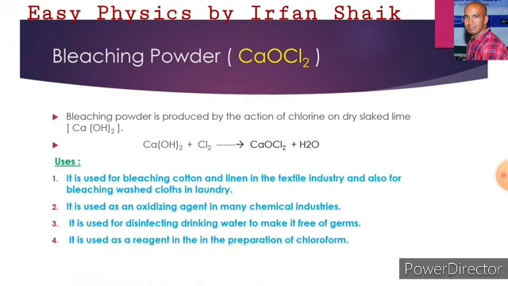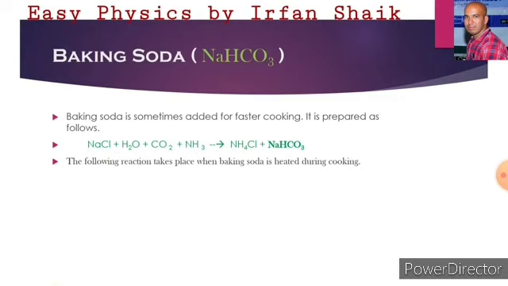The following reaction takes place when baking soda is heated during cooking. So here is the chemical equation. 2NaHCO3 gives Na2CO3, that is sodium carbonate, plus water plus carbon dioxide. That means in the preparation of cakes or breads, we add baking soda.